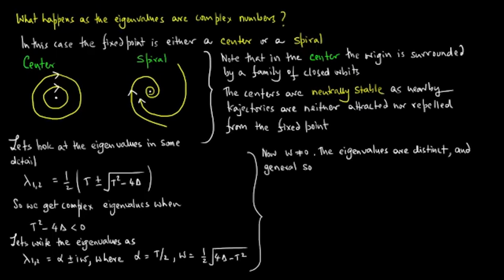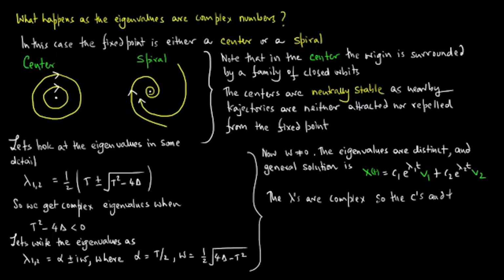and the general solution is x of t is equal to c1 e to the lambda 1 t times v1 plus c2 e to the lambda 2 t times v2. Now note that the lambdas are complex, and so the c's and the v's are also complex.